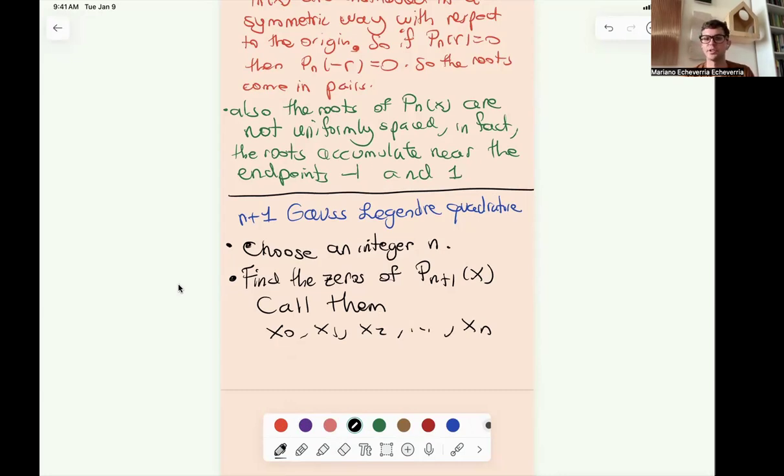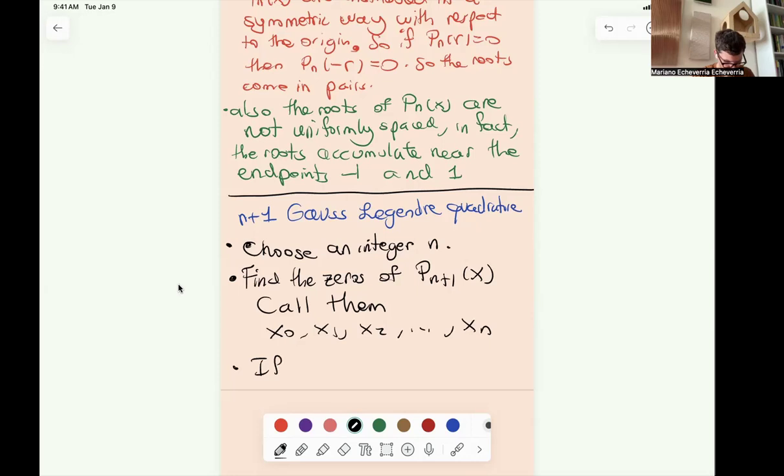And with those n+1 points, you can do exactly the same thing that we were doing yesterday. You can find a polynomial that passes through these points together with f of xi.